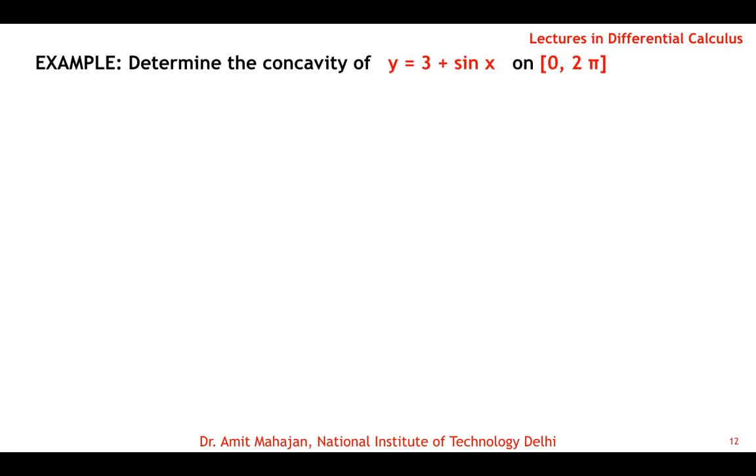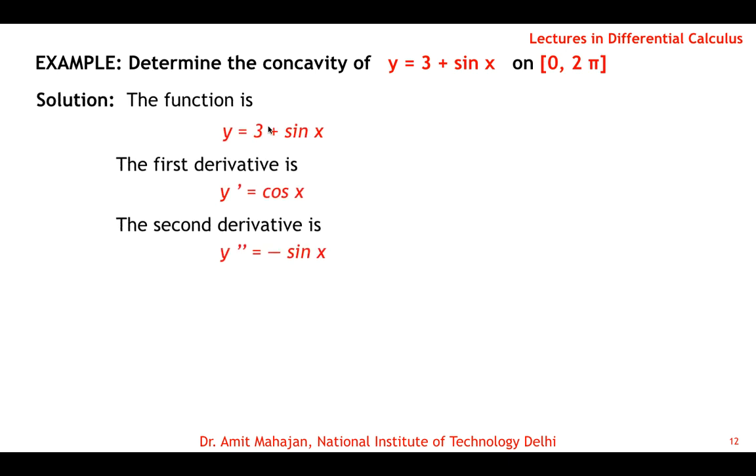Okay, say for example, determine the concavity of y equal to 3 plus sin x on the closed interval 0 to 2π. Okay, so to check concavity, we can calculate the second derivative of this. Okay, so y first derivative is cos x, and the second derivative of this is minus sin x.